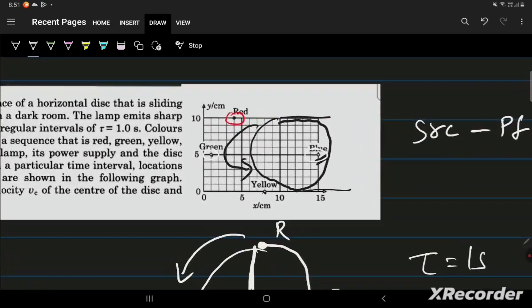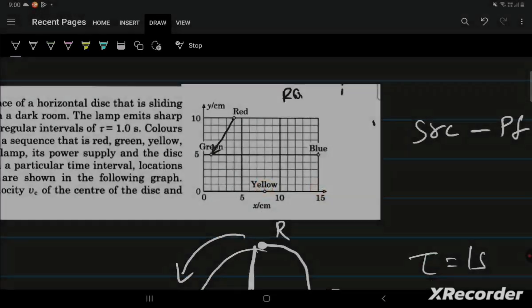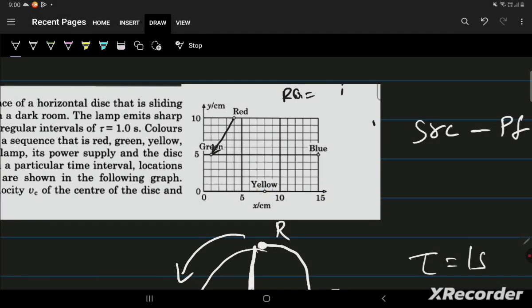Getting back to the problem, I will consider Rg. Rg is equal to minus 3 minus 5 iota.